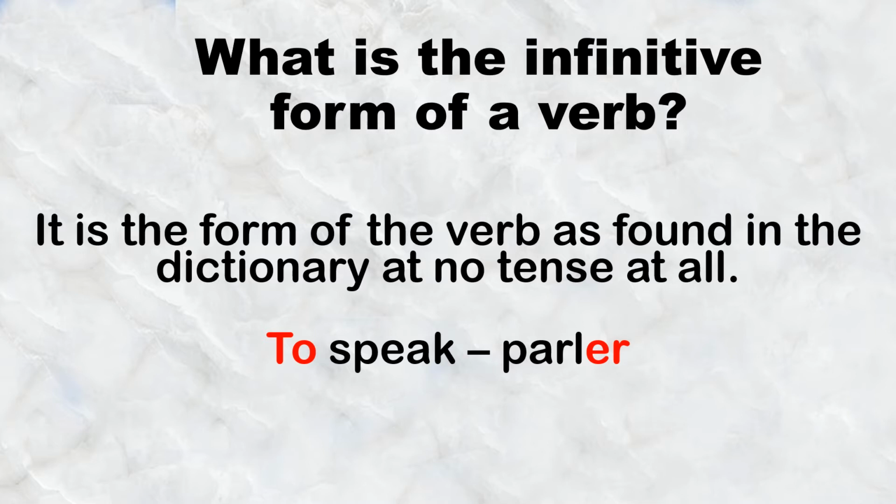And you see the ER, which I put in red, is the equivalent of the "to." So if you have "to speak," you will have to put parler with ER. And these are obviously the verbs we're going to look at. It's all those verbs ending with ER.